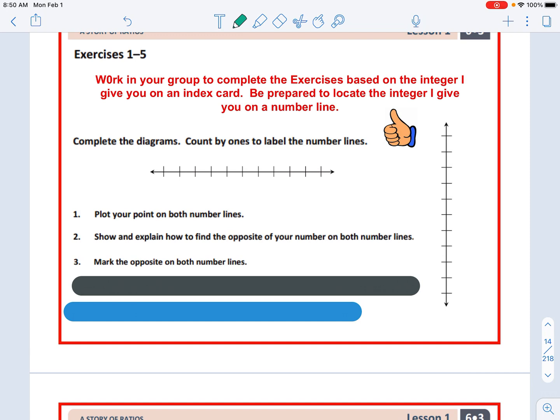So I'm going to have negative 3. Then I need to do the same thing on the vertical.